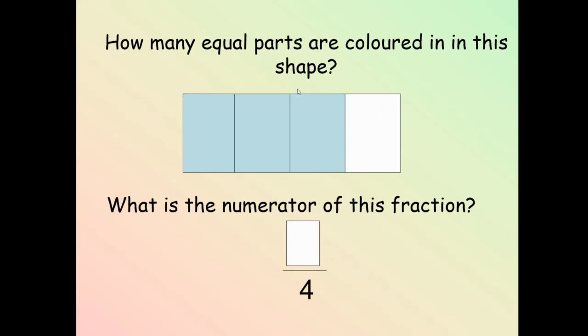But if we have a blue box, then one box was colored white, so we can write 1 over 4 here.